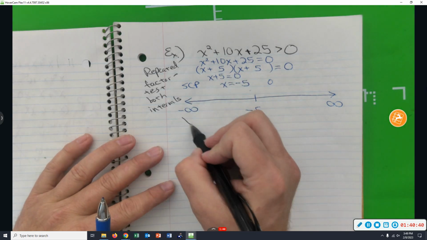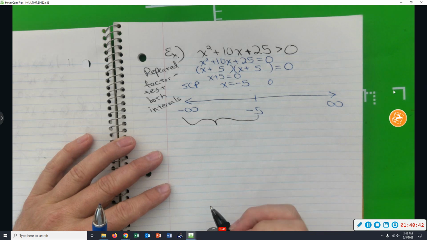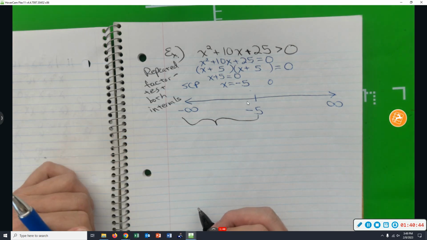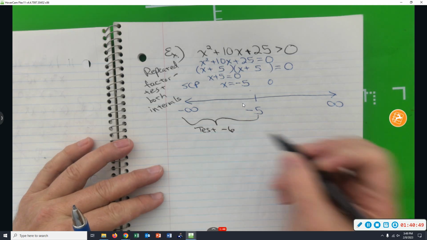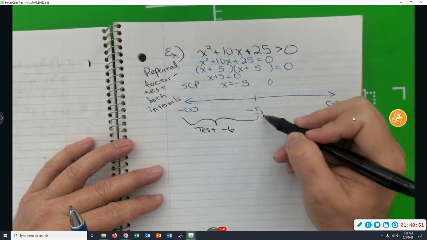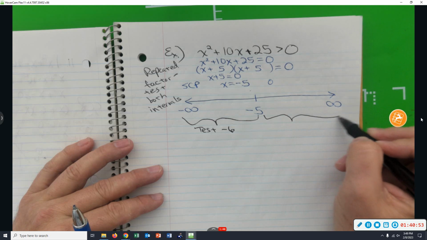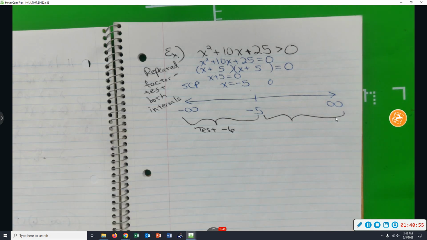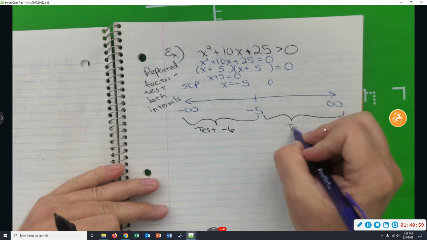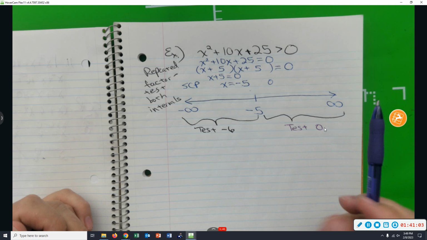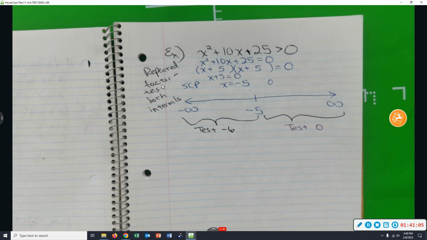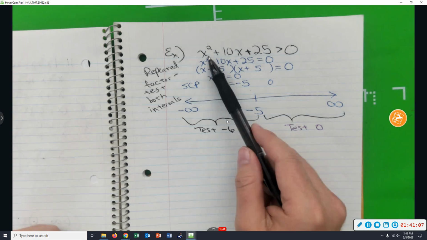To the left of -5, what do y'all want to test? -6, okay. To the right of -5, what am I going to test here? 0. 0 is my favorite number to test. But 1 would have been fine. Okay, testing -6.